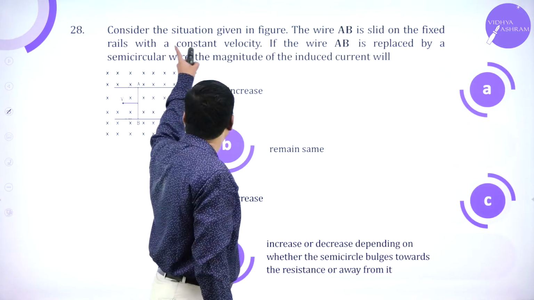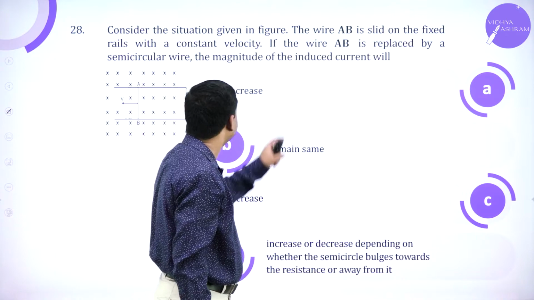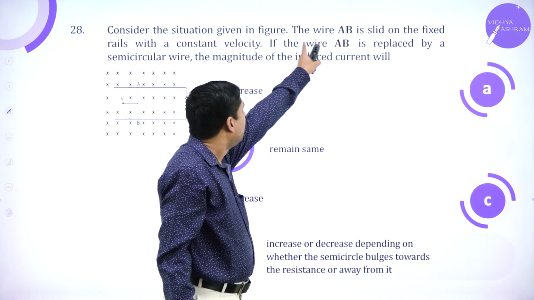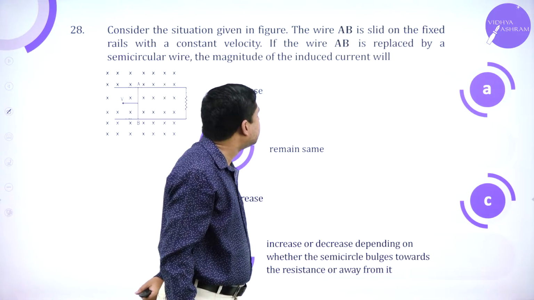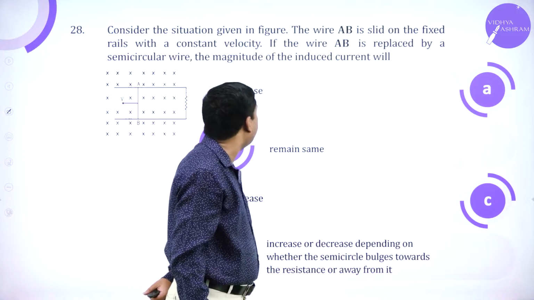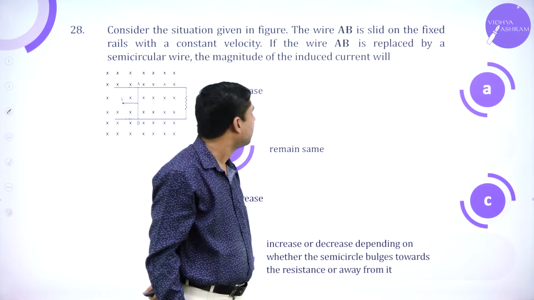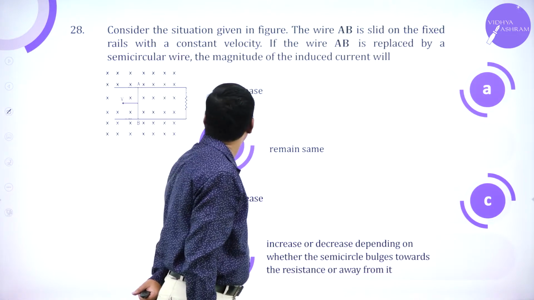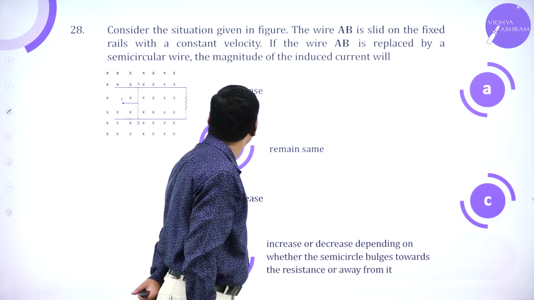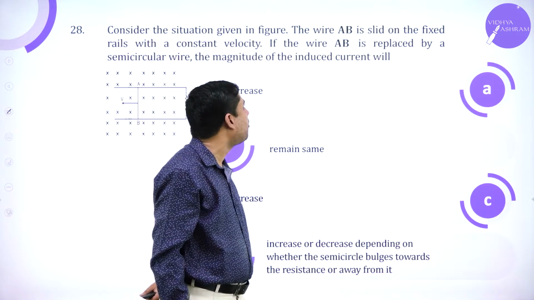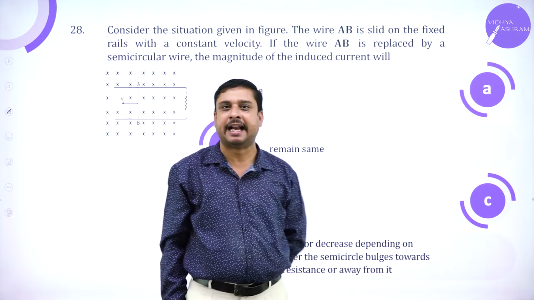Now consider the situation in the given figure. Wire AB is slid on the fixed rails with constant velocity. If the wire AB is replaced by a semicircular wire, what is the magnitude of induced current?